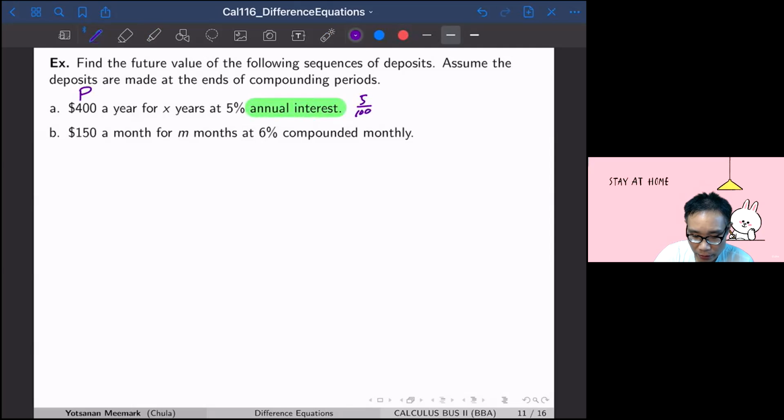So this will be your R, compounded yearly. So R is equal to 5/100. So you have your P and your R.